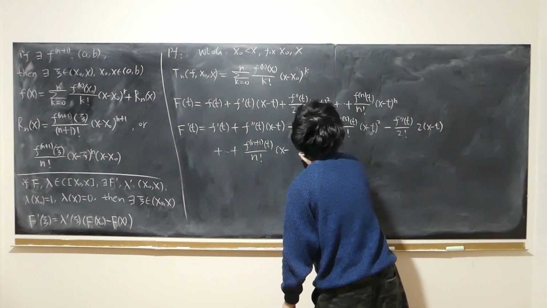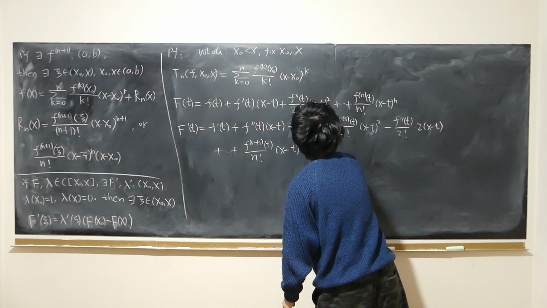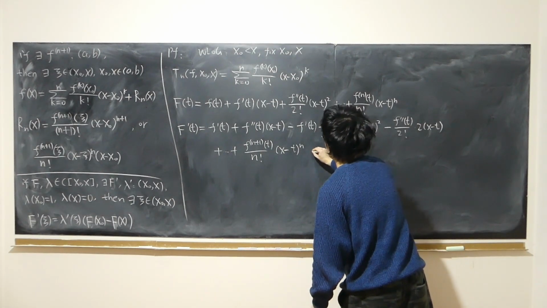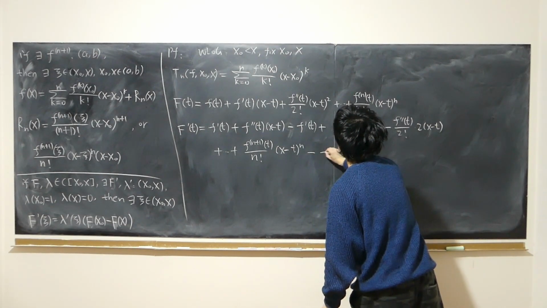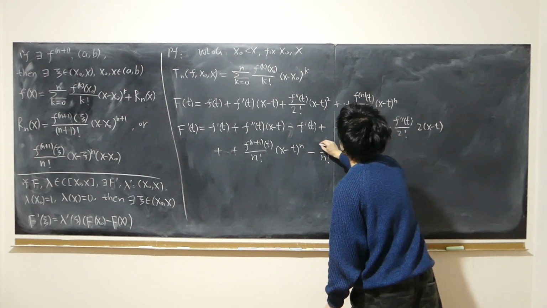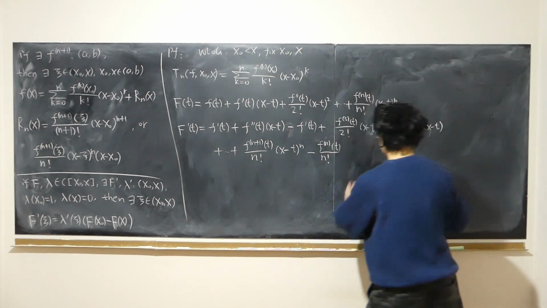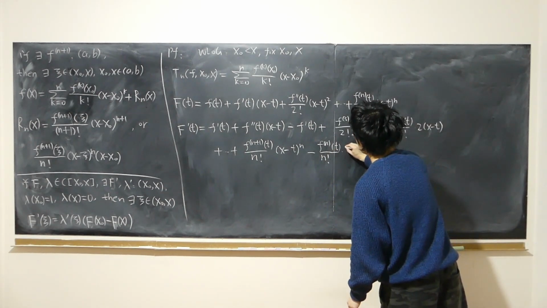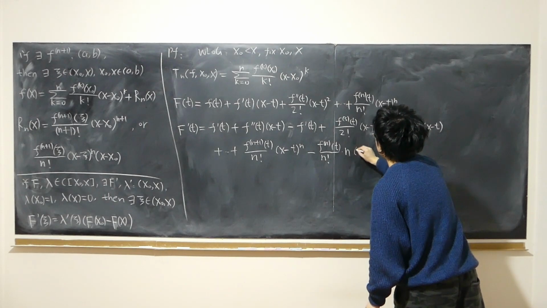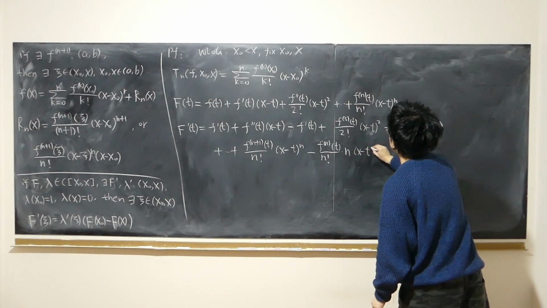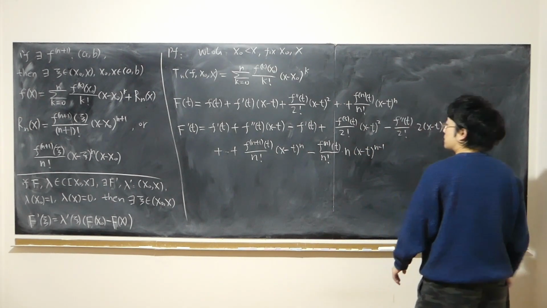Copy down the second one. Likewise, there's a minus sign coming out. Copy down the first one. Differentiate the second one, times n, x minus t to the power of n minus 1. So what's the pattern here?